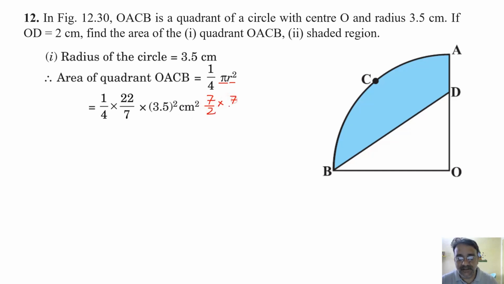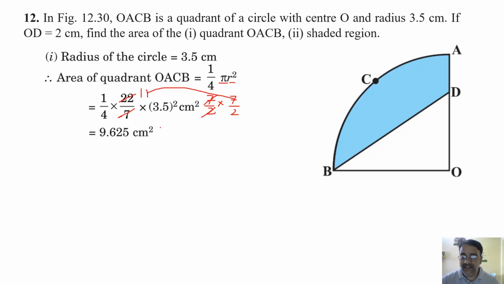I'm going to write the 7 by 2 in place of this. So one 7 you can cancel, and one 2 also you can cancel here. So I'm getting 77 by 8. 77 by 8 will be equal to 9.625 centimeter square. Okay, so you can do directly also by taking 3.5 or 7 by 2 also.